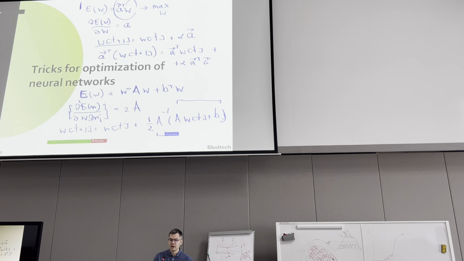This is the inverse of the Hessian, yes? And we also have the multiplier 2 here, because of the derivative of the quadratic function. Do you agree that this is one step for Newton methods?